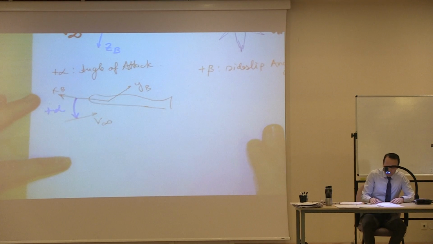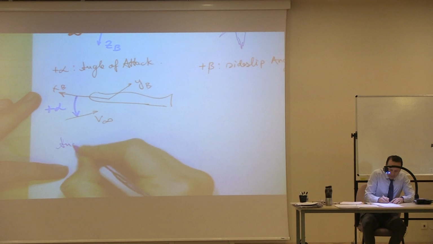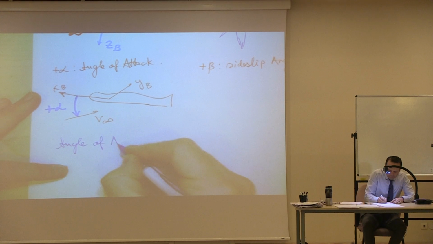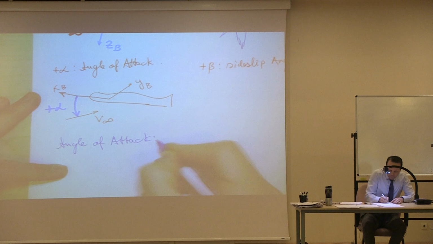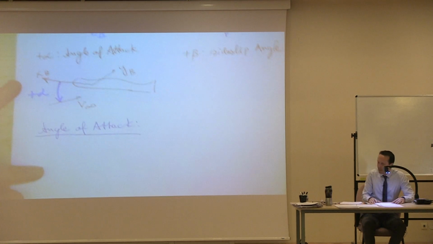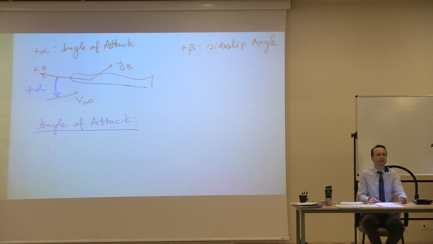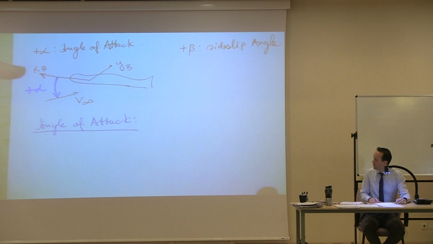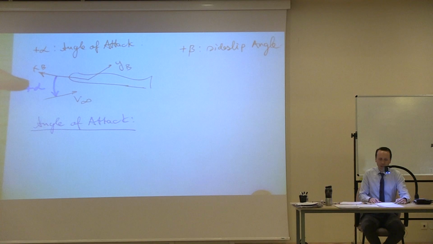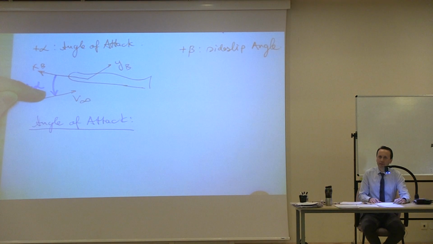Now, how do you define angle of attack? I bet a lot of people would just plot this picture here and say this is angle of attack, isn't it? But now we need a very precise definition. We have a precise definition.